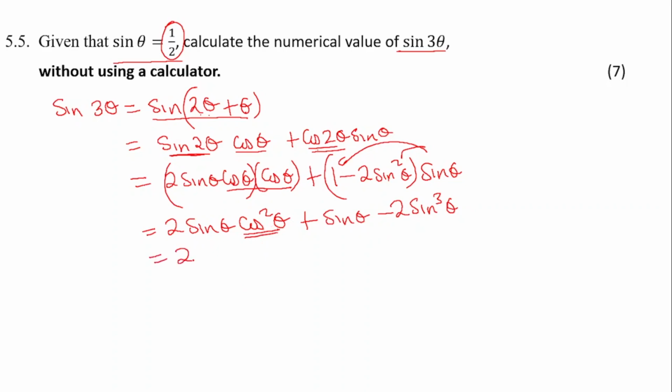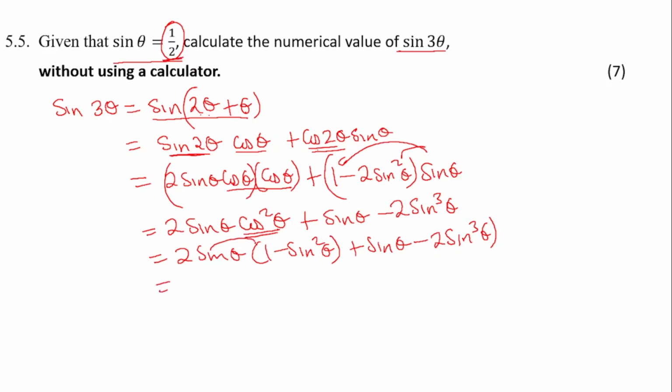So we can have 2 sine theta, and then 1 minus sine squared theta, and then plus sine theta minus 2 sine cubed theta. Now everything is in terms of sine theta, so we can even substitute our 1/2, but let's simplify further.